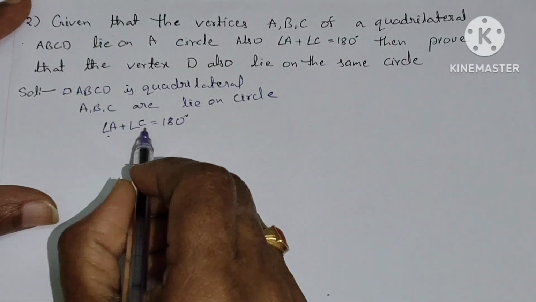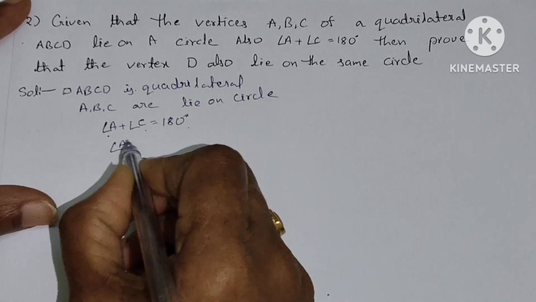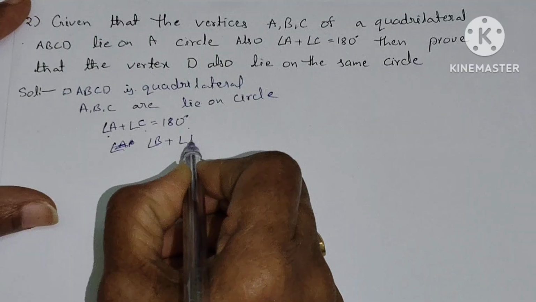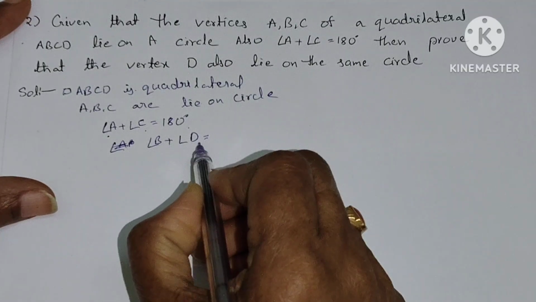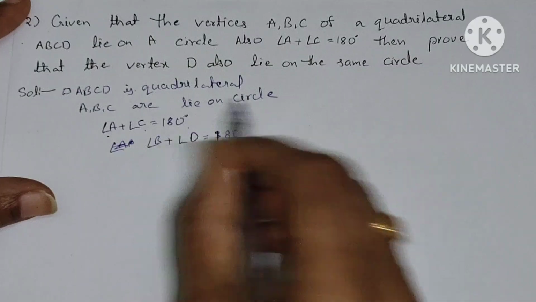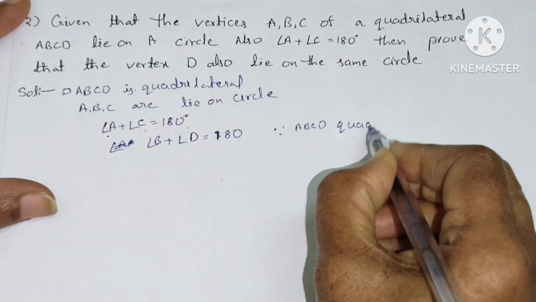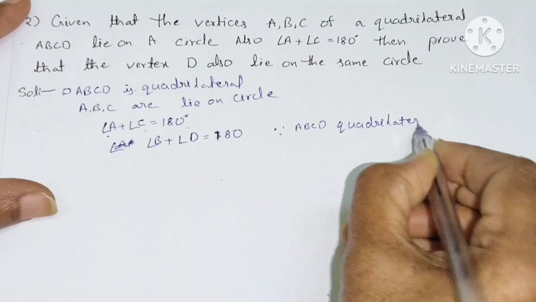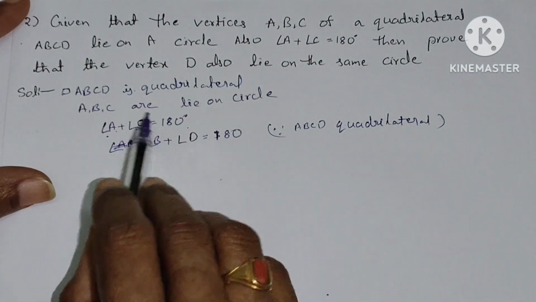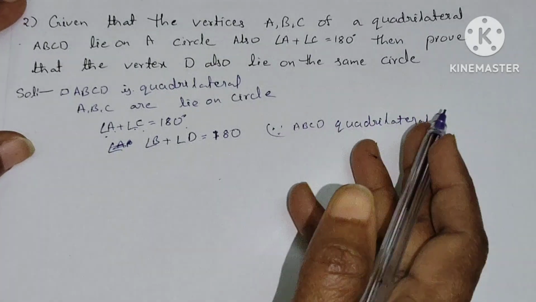So if two angles sum to 180, the other two angles, angle B plus angle D, also equal 180. ABCD is a quadrilateral given in the question. So the opposite angle sum is equal to 180 degrees, which means ABCD is a cyclic quadrilateral.